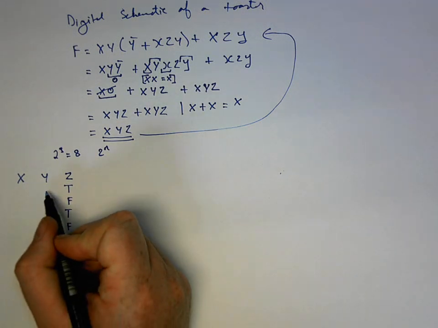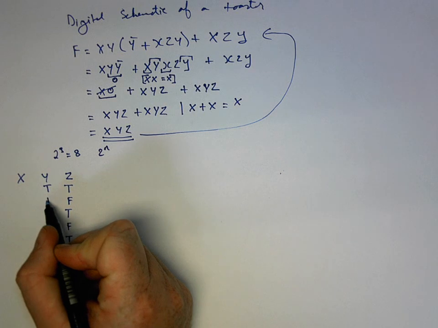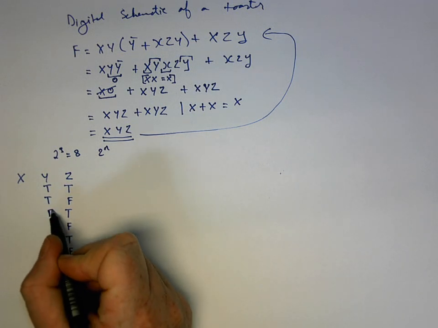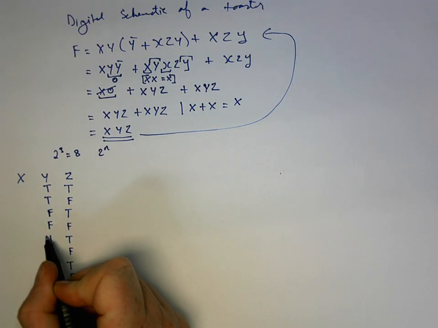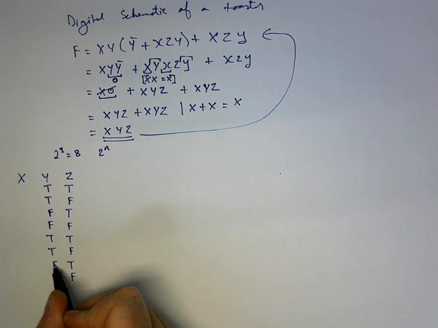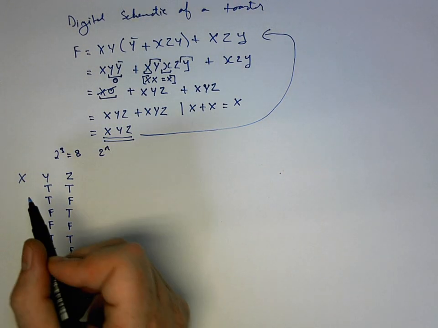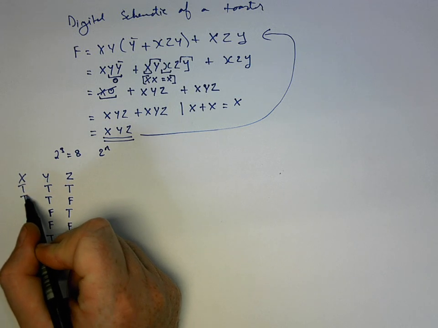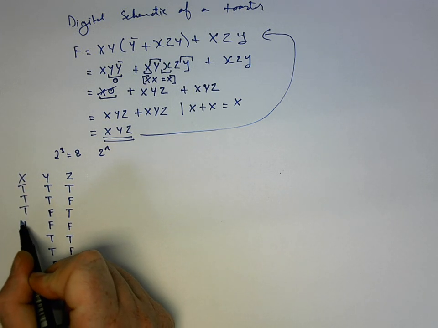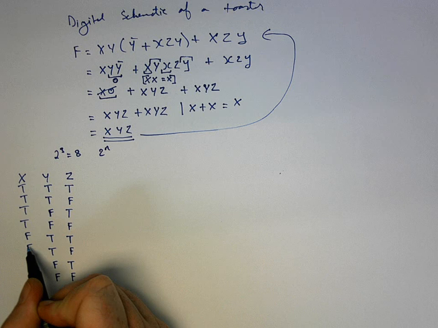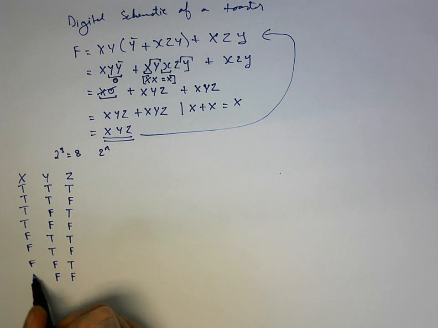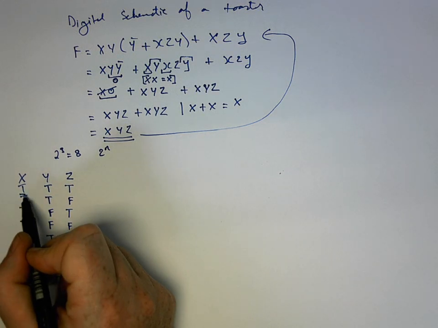For the second element in, we go in pairs, so we say 2 trues followed by 2 falses, followed by 2 trues, followed by 2 falses. And the last one in, we have 4 trues followed by 4 falses. And what we'll do here is we'll just draw out a little line.